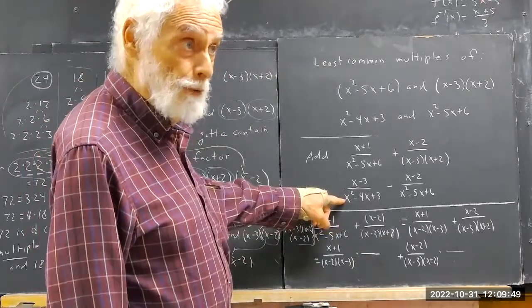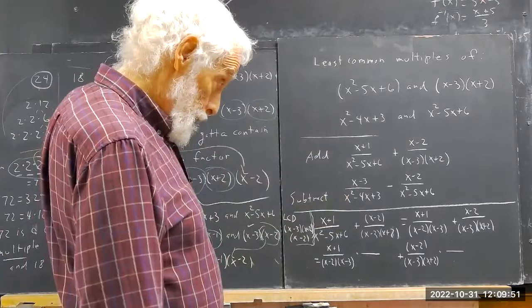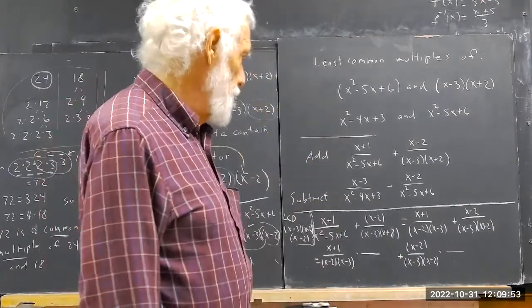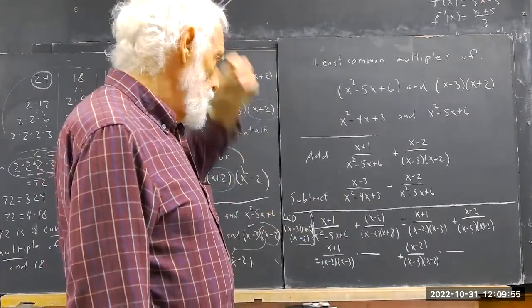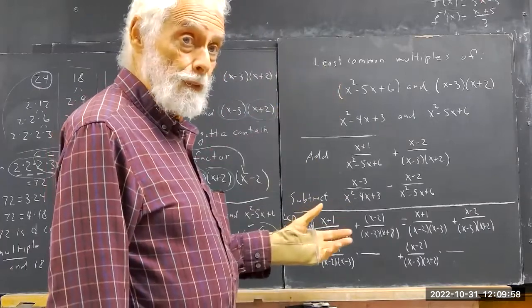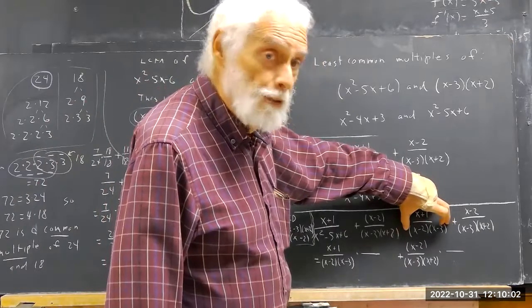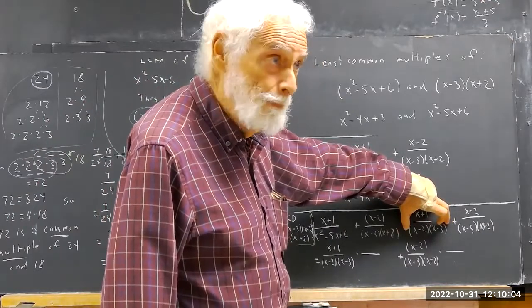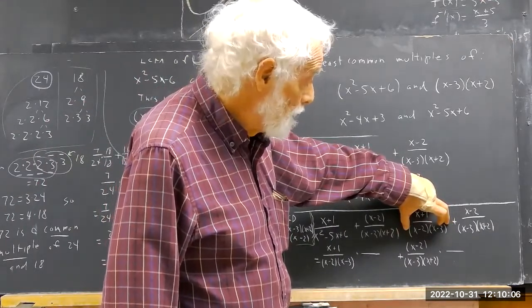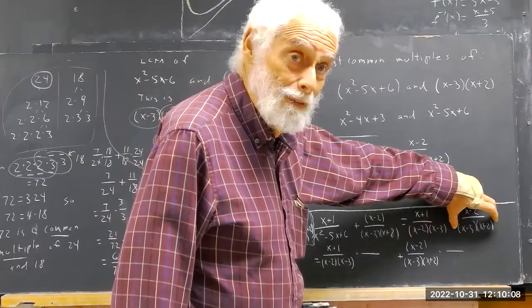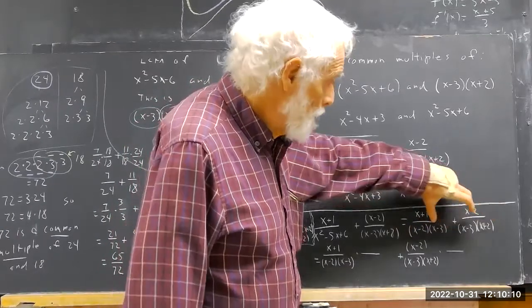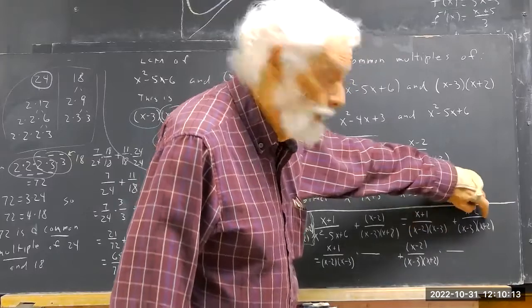I'm going to ask you to do this one in a minute. But what we have here now, what's our common denominator? Well, people pretty much got that. You write this one down, x minus 2 times x minus 3. And then you see what's missing out of this. What's here that's missing from here? It's the x plus 2, right?